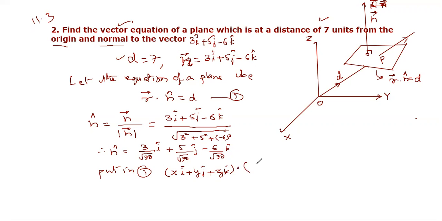N cap is 3 by under root 70 i cap plus 5 by under root 70 j cap minus 6 by under root 70 k cap, is equal to d, and d is 7.